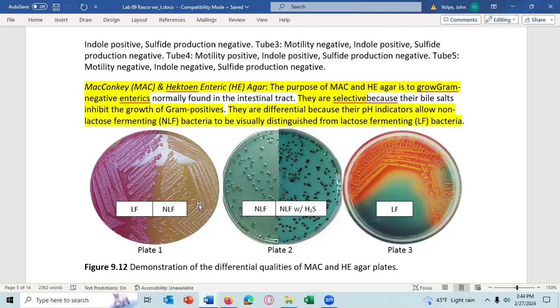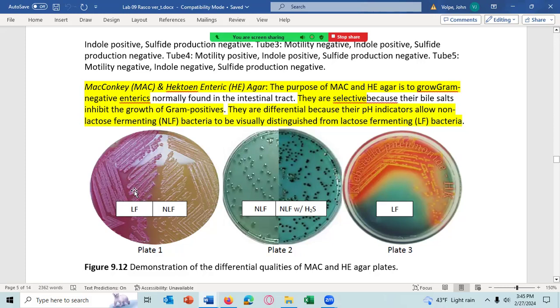They are also differential on their ability to ferment the sugar lactose. If the bacteria can ferment the sugar lactose on McConkey's, the bacteria will take on a pinkish purple color, and the media around the bacteria will also be purple pink.